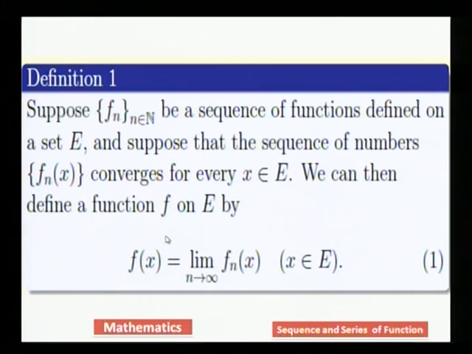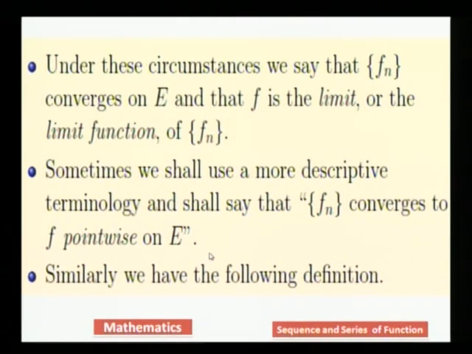We can then define a function f on E by the formula f(x) = limit of f_n(x). Under these circumstances, we say that f_n converges to f on E, and that f is called the limit function of f_n. Sometimes we shall use the more descriptive terminology and say that f_n converges to f pointwise on E.